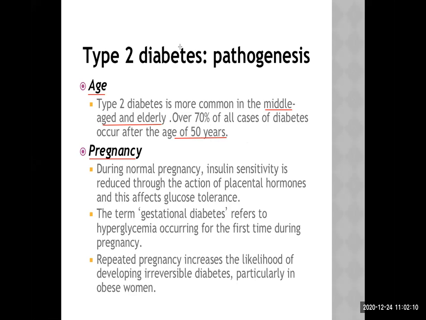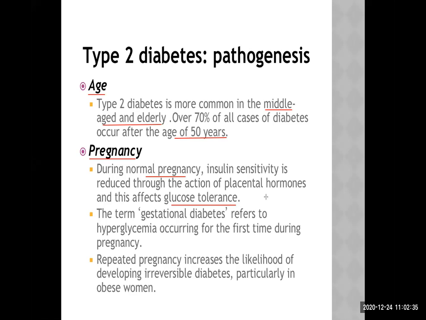Now, what is the effect of pregnancy regarding type 2 diabetes? You have already studied this in obstetrics. During normal pregnancy, insulin sensitivity is reduced through the action of placental hormone, and this affects glucose tolerance. Which placental hormone is important regarding this effect?